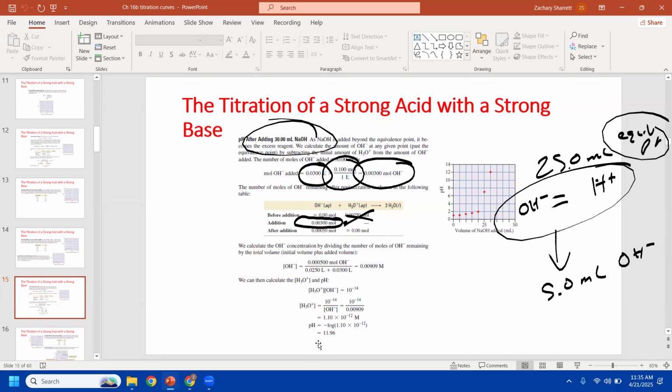There's no more H plus, but we have 0.0005 moles of OH minus in excess. Everybody see that? How do we find the molarity of this? What are our thoughts on this? Jackson?